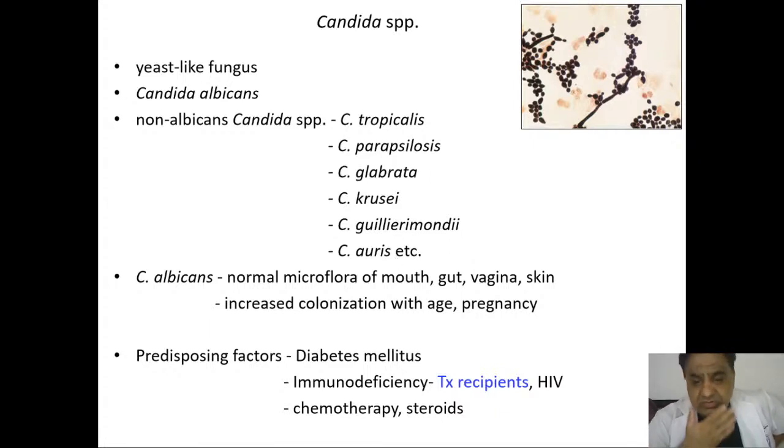Many of these are normal flora, and predisposing factors like immunodeficiency, transplant recipients, HIV, diabetes, chemotherapy, and steroids all predispose to invasive candida infections.